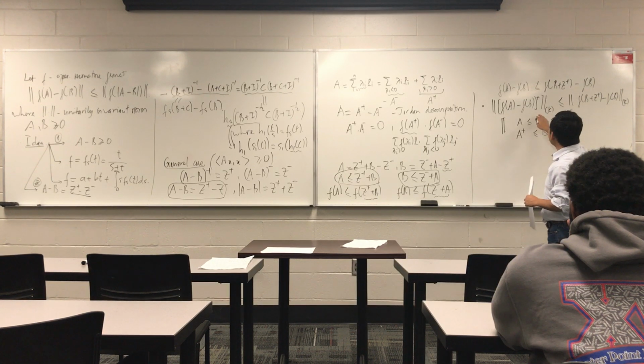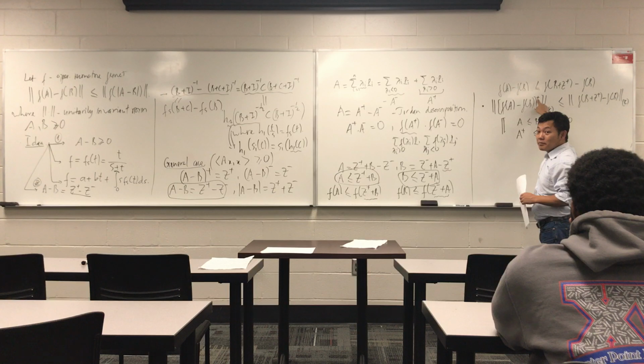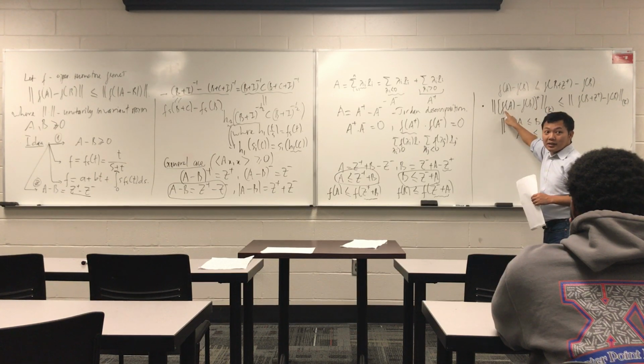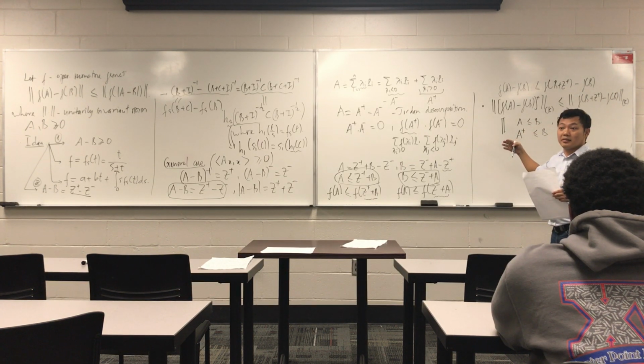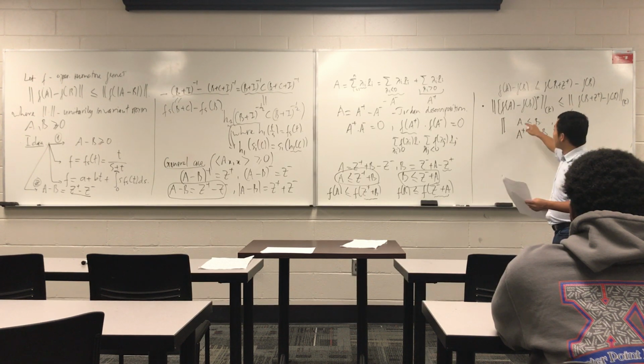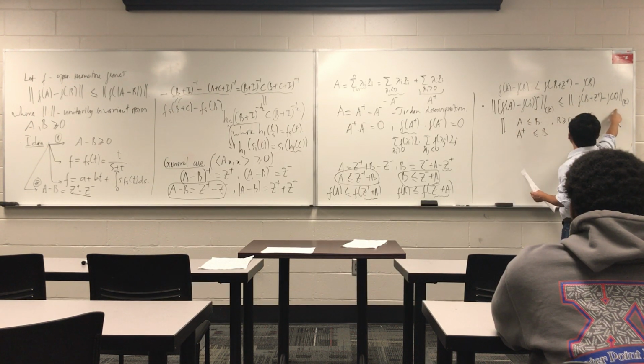So from that observation, you take the positive parts of this guy, right? And then you take the Ky Fan norm. What is the Ky Fan norm? That's the sum of the first K eigenvalues, or singular values, but in this case positive, so eigenvalues. So you sum them up, and you get this guy less than or equal to this guy.